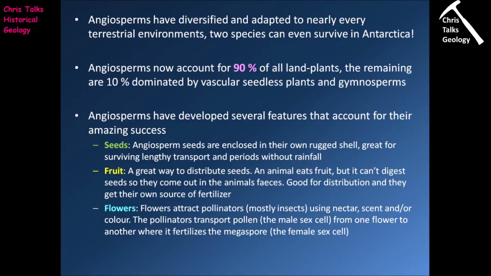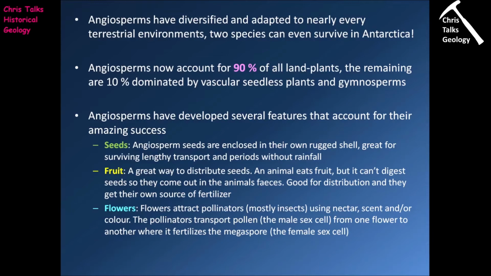Now, the main advantage that angiosperms have though are flowers. So flowers are designed to attract pollinators. Now most pollinators are insects, but not all of them. Now the way they attract pollinators is through the use of nectar, so that's essentially a sweet sugary liquid, through scent, so the flowers smell nice, or through colour, so they stand out, so that'll help to attract the insects to them.